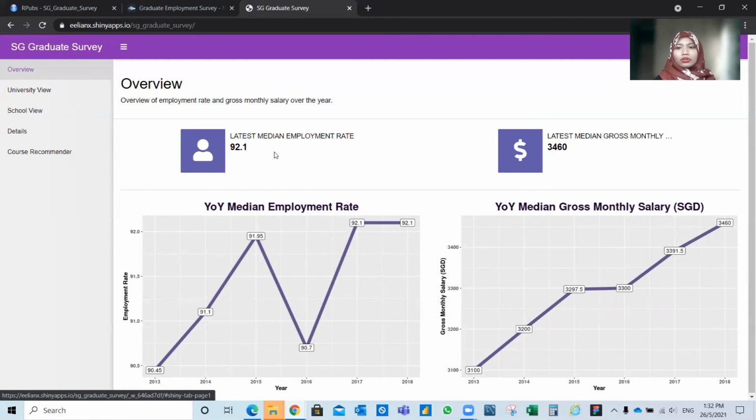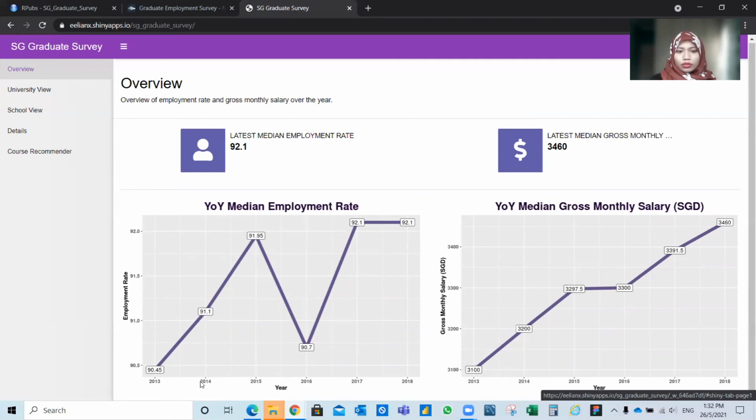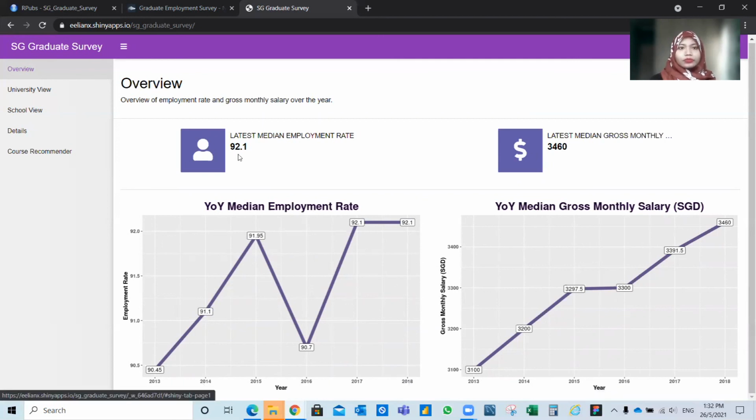And for the median gross monthly salary, the highest one is achieved in 2018, and the value is around 3,460 Singapore dollar. As you can see for the graphs that has been plotted, we have an increasing trend for the gross monthly salary between 2013 until 2018. And we can see from the employment rate graph, there's a unique pattern achieved between 2013 and also 2018.